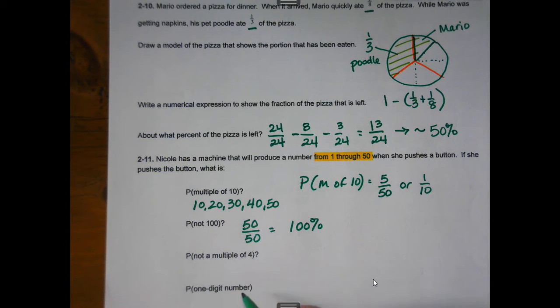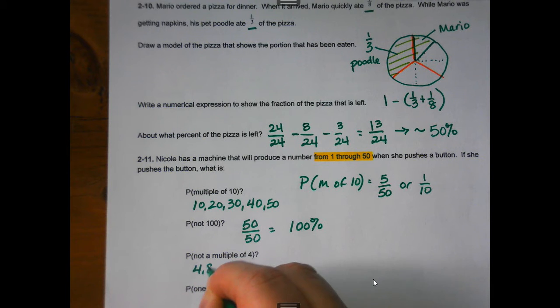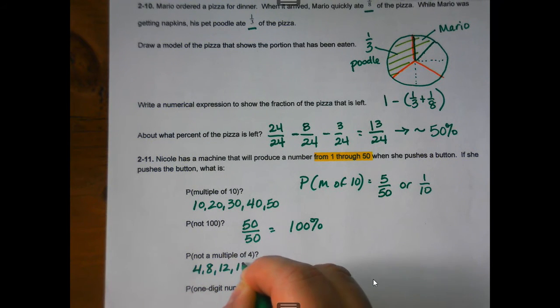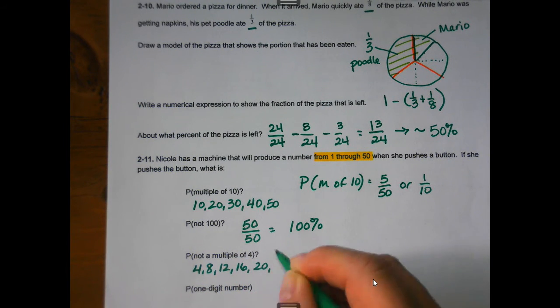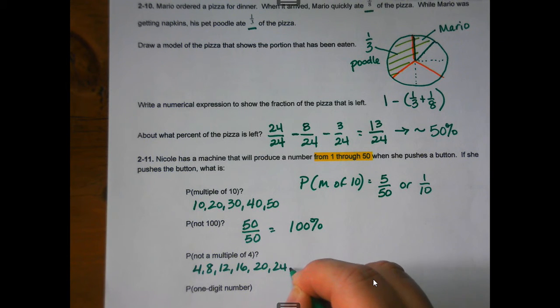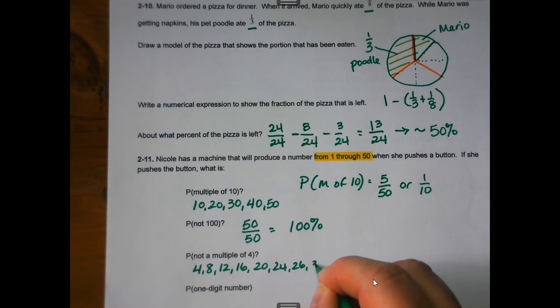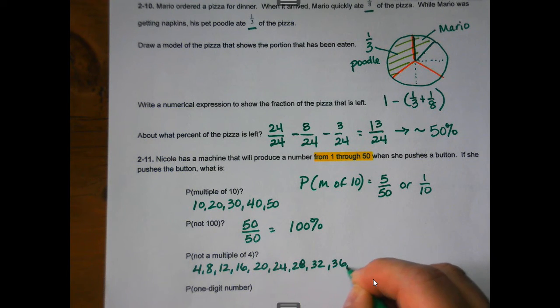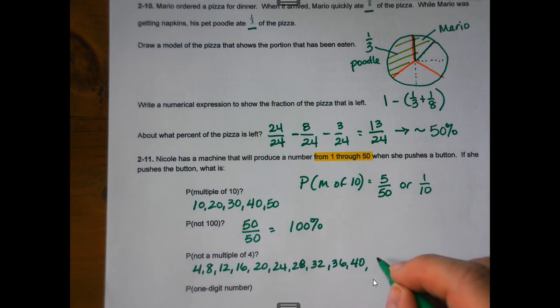The probability that it is not a multiple of 4, well, our multiples of 4 are 4, 8, 12, 16, 20, 24, 28, 32, 36, 40, 44, and 48.